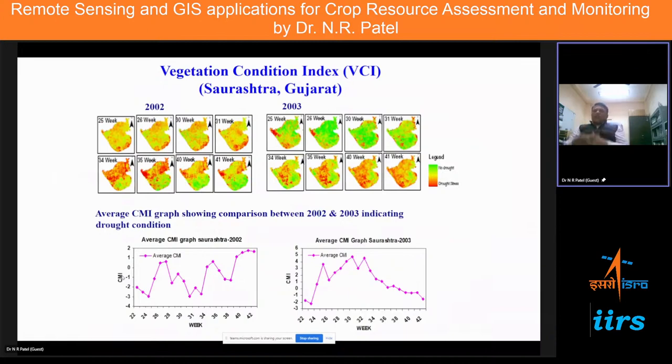The crop moisture index is the extent to which crop water requirement can be met. Here the crop moisture index is mostly less than 0 for most weeks, meaning there is a drought. But here it is mostly above 0, so there is no drought most of the weeks.